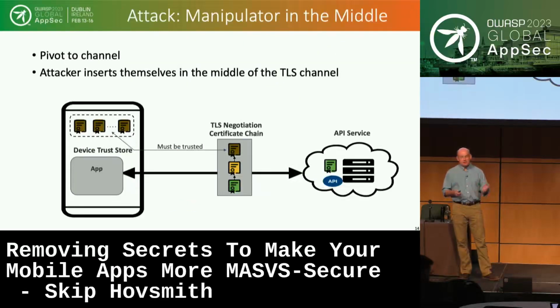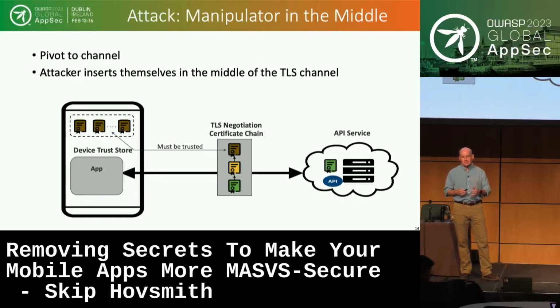So man-in-the-middle, I've mentioned it a few times. So if it's hard to find those secrets by doing that initial scan or doing debugging, then I'm going to pivot into the channel to see what I can find. So I'm going to insert myself in the middle of your TLS channel. So there's a TLS handshake that goes on, and it's attempting to establish trust from the application, that it can trust that the service it's talking to is the actual server.